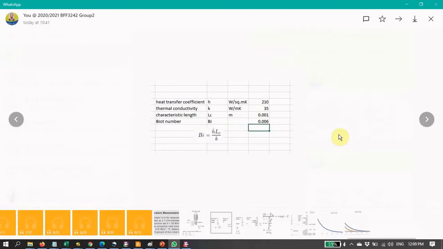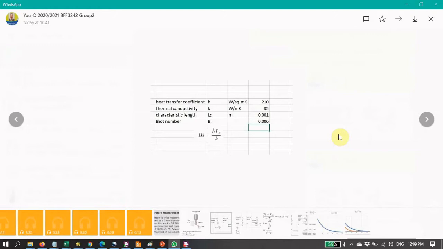Right. So this criterion determines whether the system can be considered a lumped system. We have the heat transfer coefficient given as 210 watts per square meter Kelvin, and thermal conductivity of 35 watts per meter Kelvin.